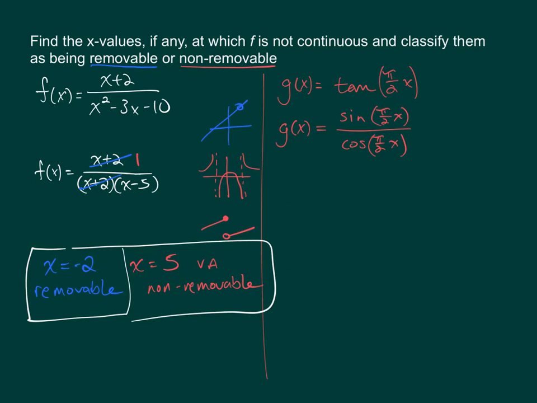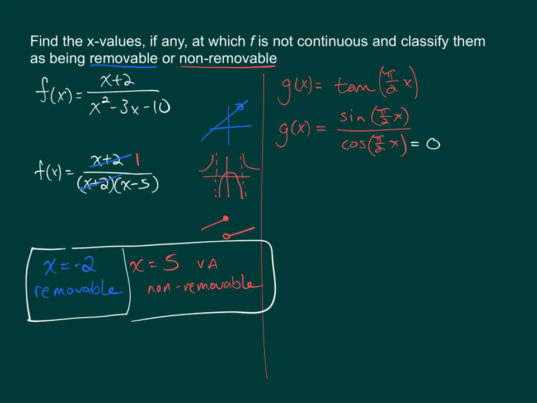And what we can do here now is find out where does cosine of pi over 2x equal 0. Because when the cosine equals 0, this entire fraction will be undefined.